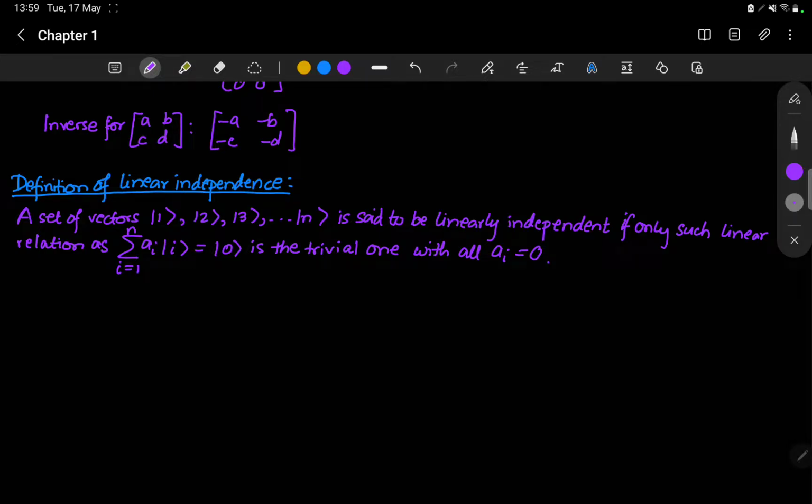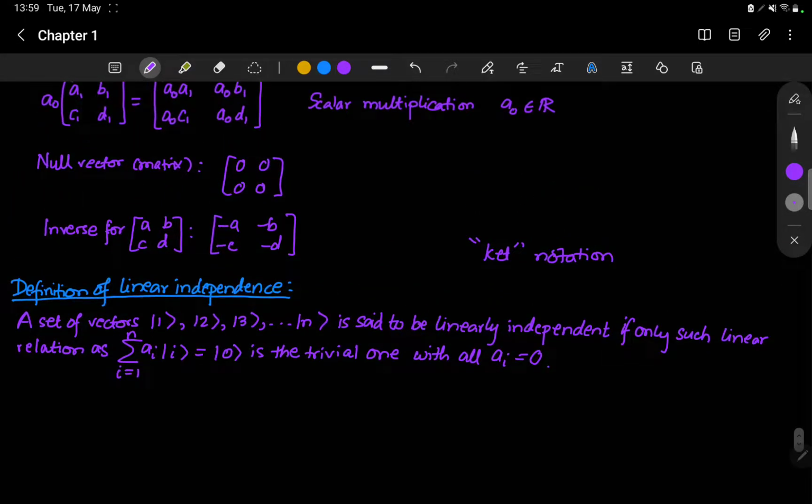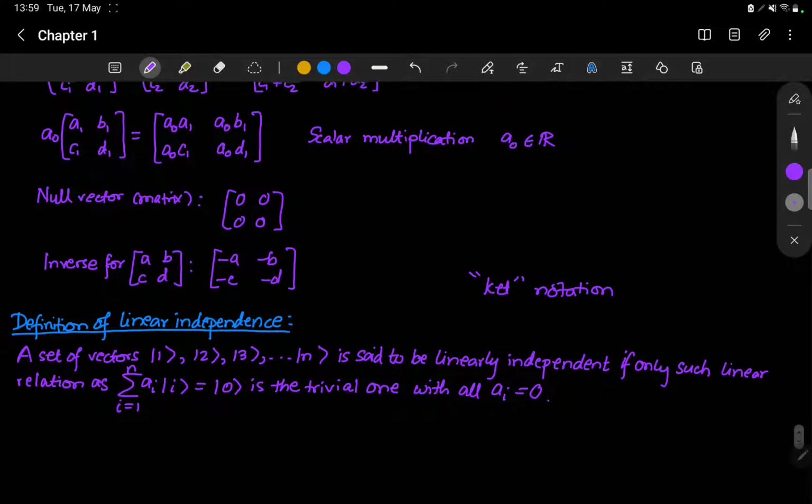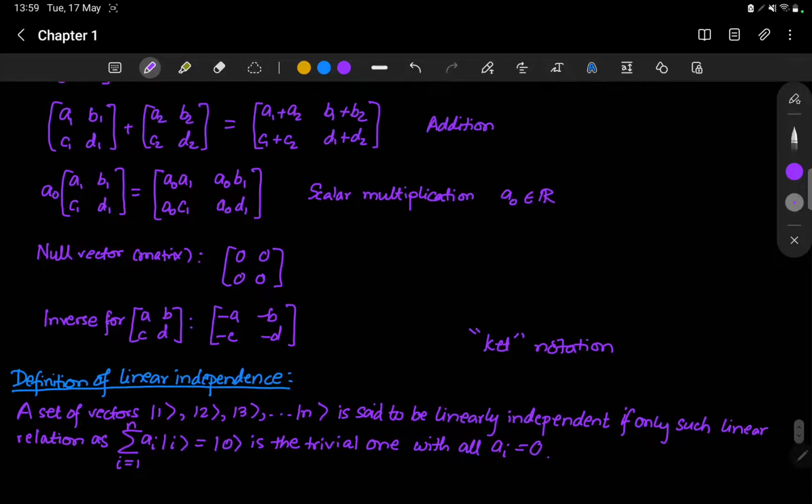Just as an important point over here, we denote vectors by this ket notation. As you would have been seeing, we are using this ket notation to denote any vector of a linear vector space.